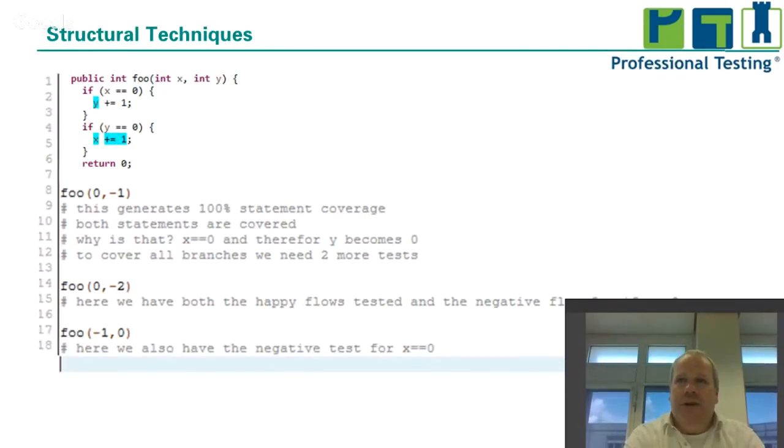So using the structure of your code to set up your unit tests is good practice. You at least know that you've covered all the bases, but it might not be enough. You might have to think about the possible tests, like whether the parameters are used in a proper way.